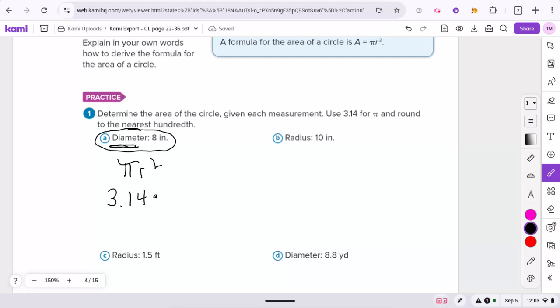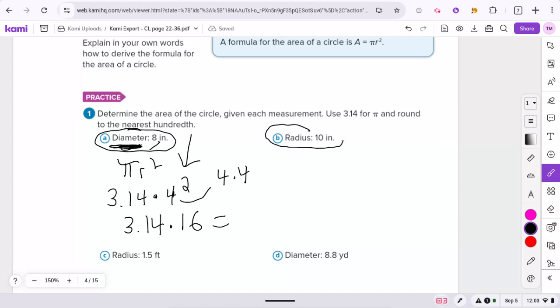This gives you the diameter, which is 8, so radius would be 4. Then remember, if you're squaring the number, that means the number times itself. So 3.14, 4 times 4 is 16. Then just enter into the calculator to get your answer.